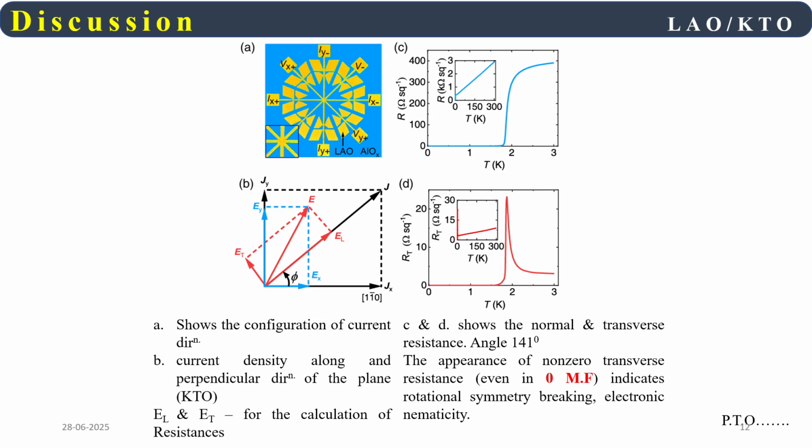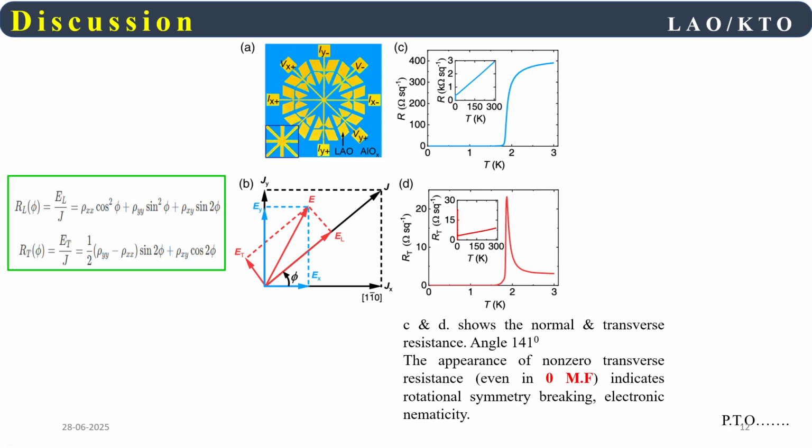So the authors measured the resistivity via the current density, and they extracted the results using this relation, giving clearly the longitudinal and the transverse resistivity. The longitudinal resistivity shows zero resistivity, and in the transverse direction, where the rotational symmetry is broken, the resistivity is no longer zero.